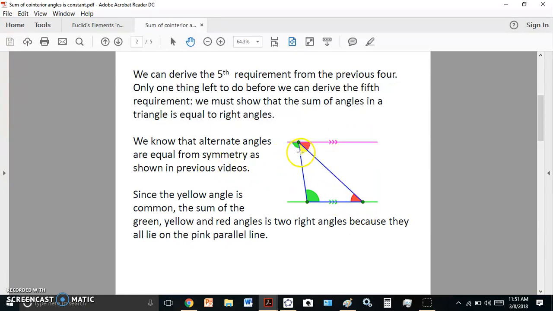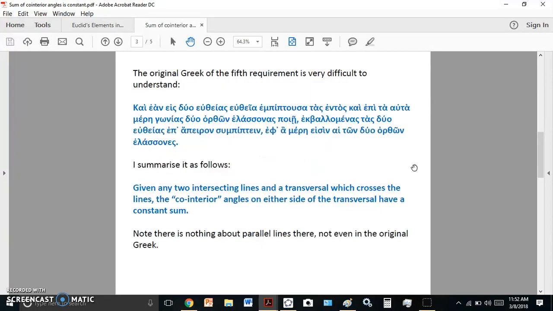And we also know that the angles that form a straight line add up to 2 right angles. So because the angles inside here are all the same and the yellow one is common, it follows that all the angles in a triangle will be 2 right angles. Okay, and of course we've proved parallel lines in the previous video.